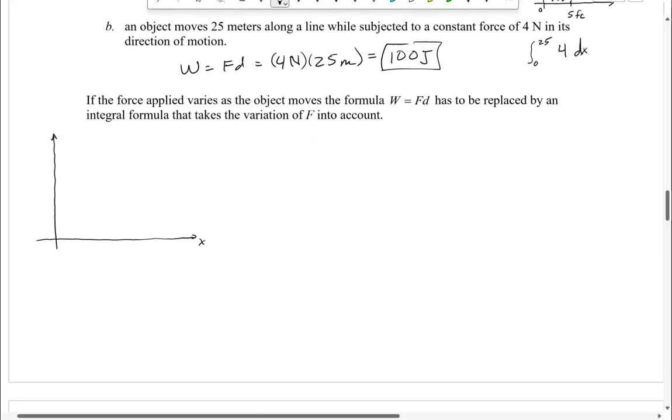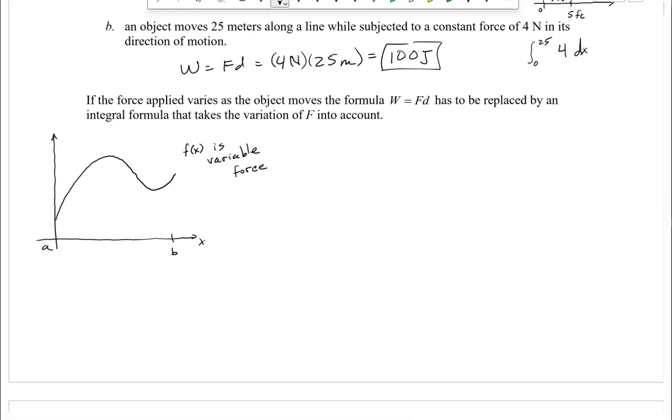So what I want to picture here is an object that's moving from point A to B along the x-axis, in the positive direction, and let f of x, maybe we'll draw something like this, be the variable force acting on our object, and we're going to assume f is continuous.